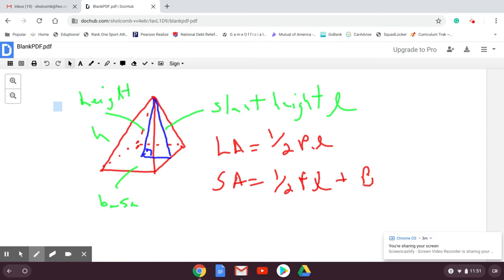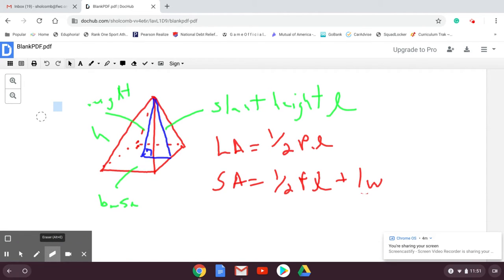Now, keep in mind, this base here has to be substituted in with whatever the actual base area calculation would be. So in this case, I would typically take off that b and do plus length times width or base times height, because we have a rectangular base. So there's the formulas. Let's go ahead and do a problem so you can see it.